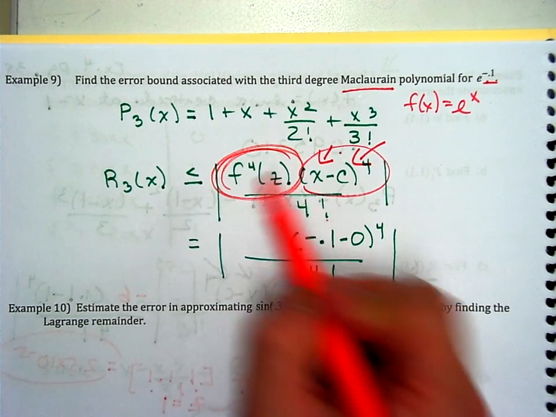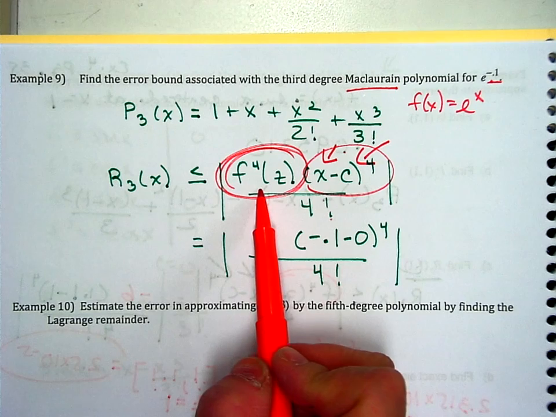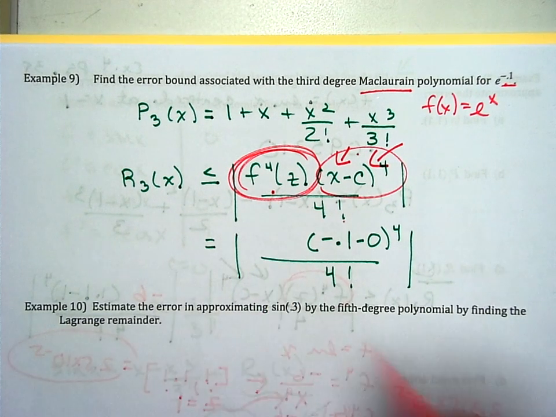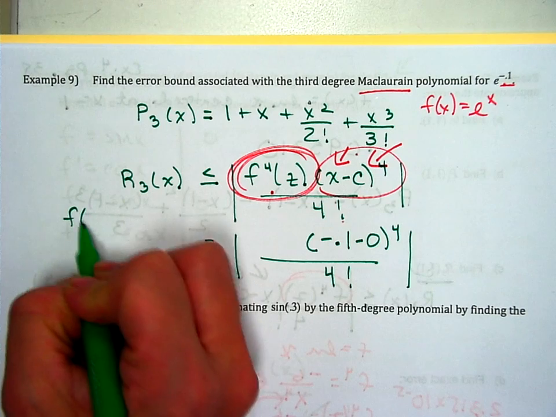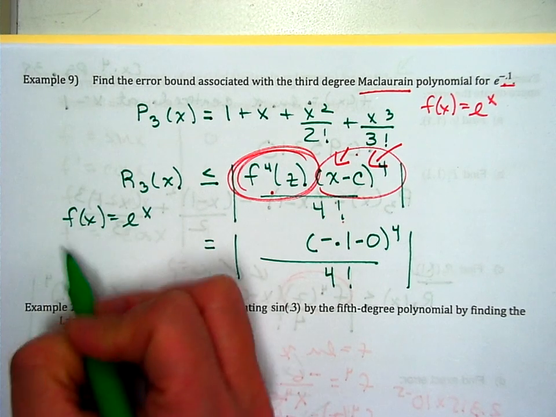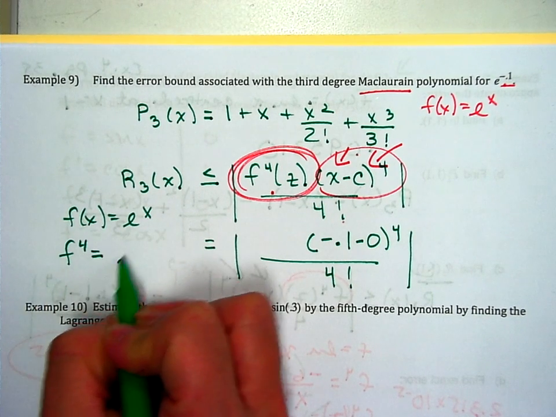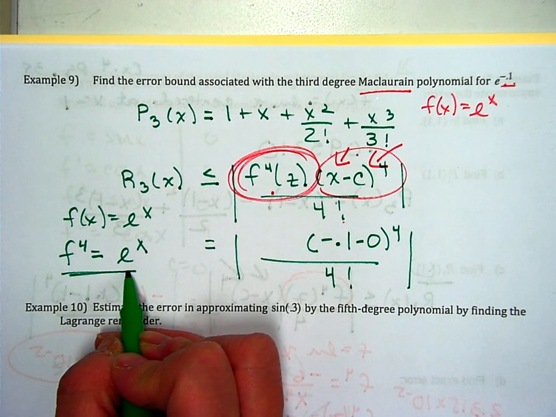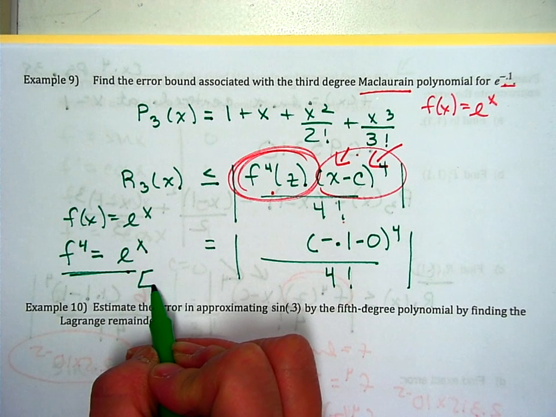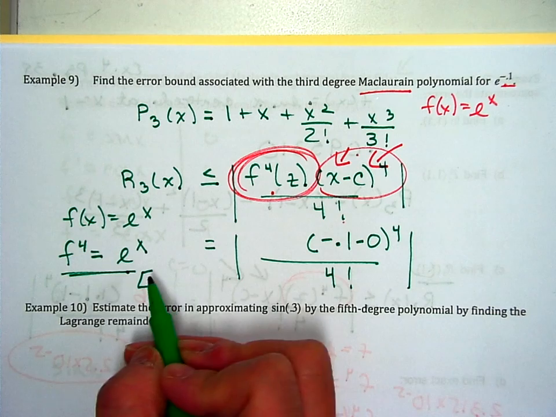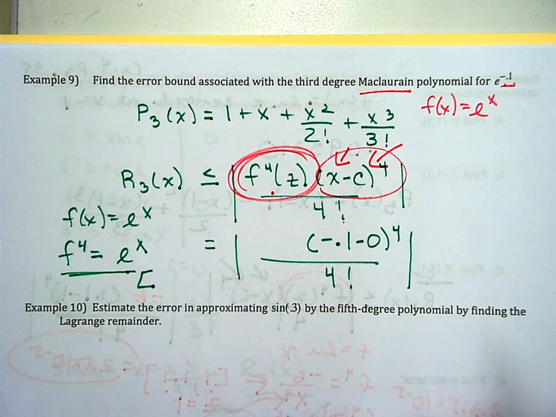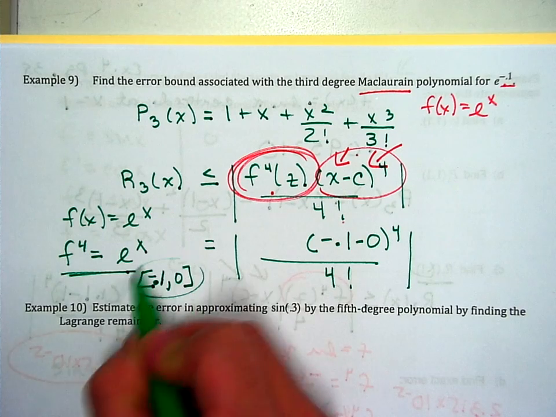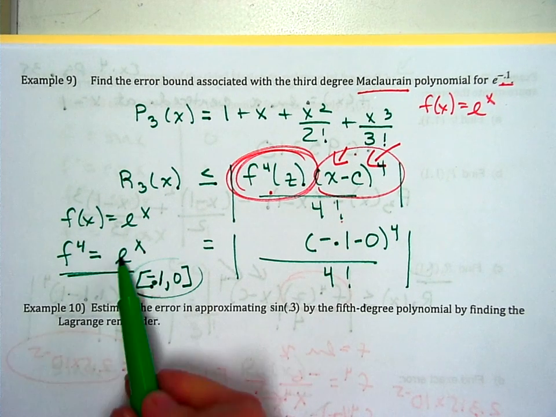Okay, this piece right here. In order to figure out this value for any other function that's not sine or cosine, you actually have to calculate that derivative. The function that we're talking about is e to the x, so the fourth derivative is pretty easy. It will also be e to the x. You need to maximize the value of the derivative between where you are centered at, which is 0, and the value of x that you are actually trying to find, which is negative 0.1. So you need to figure out what number in this interval will make this value the biggest value possible.